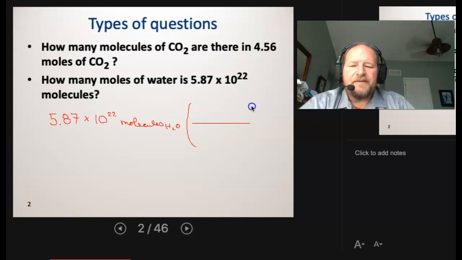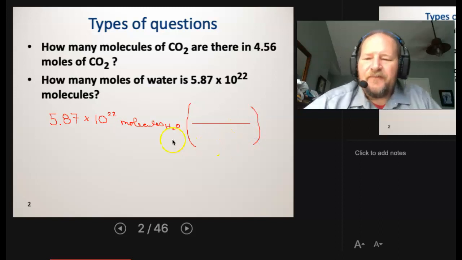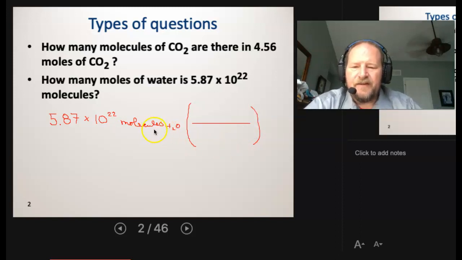I'm going to make my parentheses. And this time, I want to get rid of molecules, right? So I'm going to put Avogadro's number in the bottom: 6.02 times 10 to the 23rd molecules of water for every 1 mole of water.